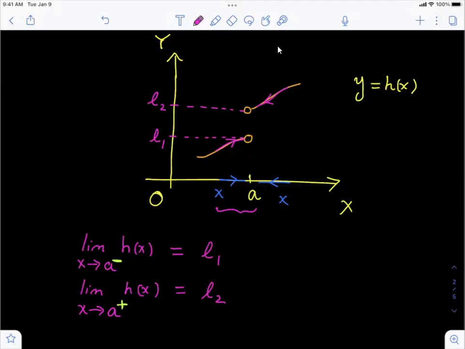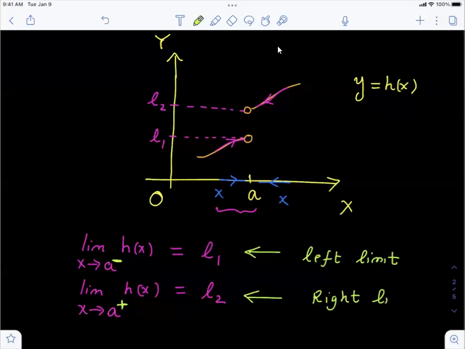So this particular limit, which is associated with the left approach, is called the left limit. And this one is called the right limit. And obviously, there is no surprise: there's a left limit and the right limit.